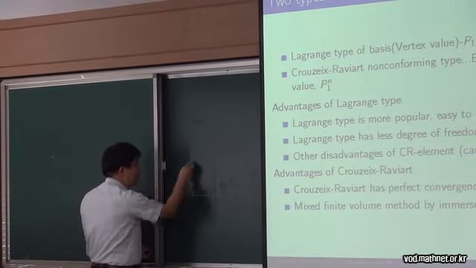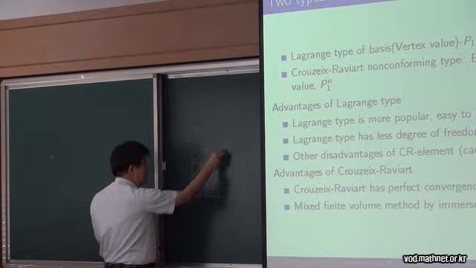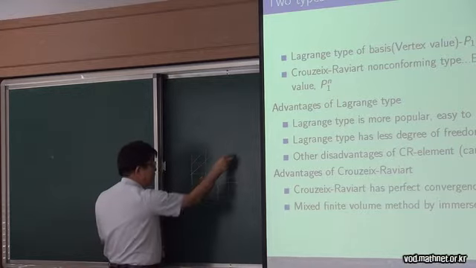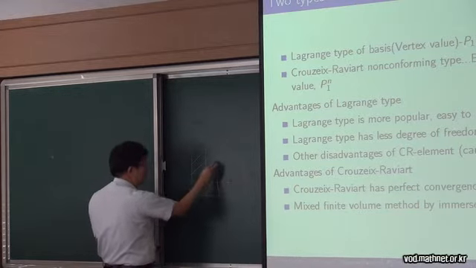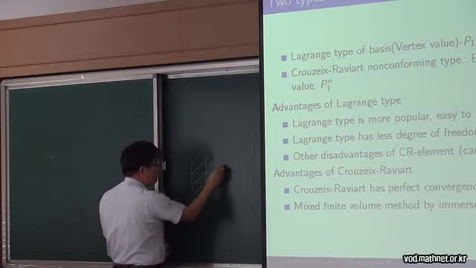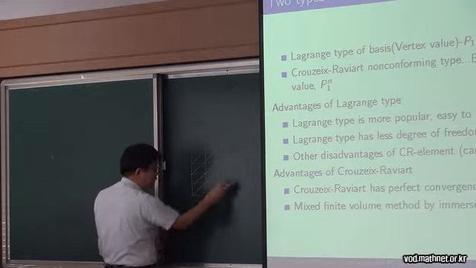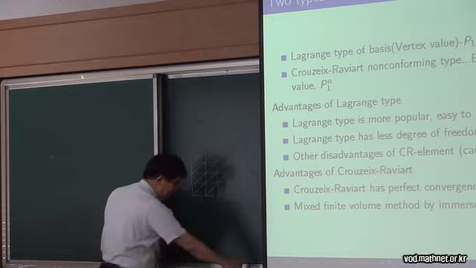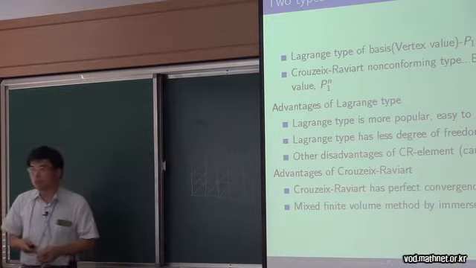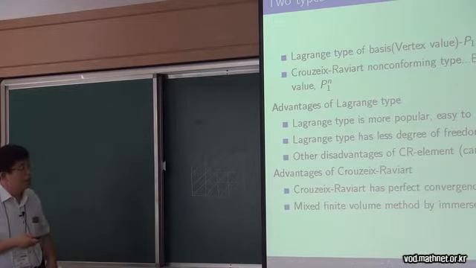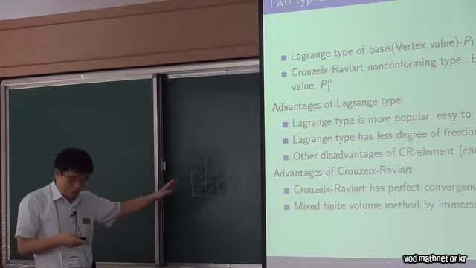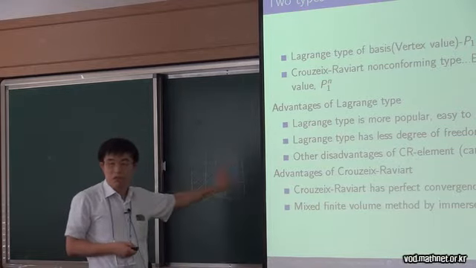Either this or maybe triangulated like this, they try to assign unknowns at the node. Somehow people like to use this. It seems to be easy to understand, or maybe easy to implement also, and more than 90% of codes are written based on vertex points.